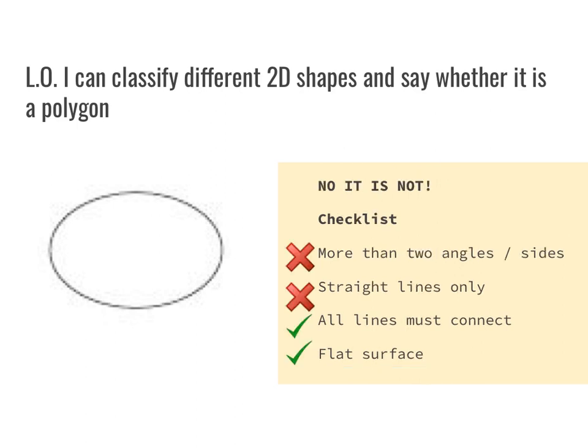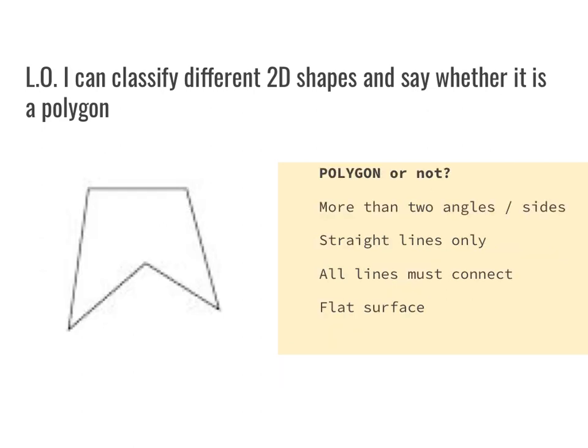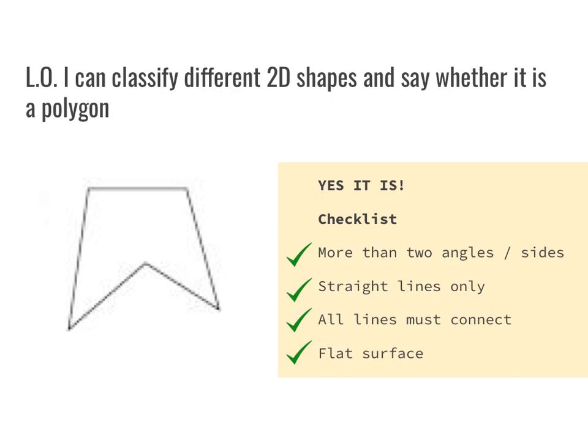Have a go at this now. Okay, now this is not a polygon because it is not made up of straight lines and it does not have more than two angles or sides, although the lines are connected and it's a flat surface. Now have a go at this. Yes, you're absolutely right.